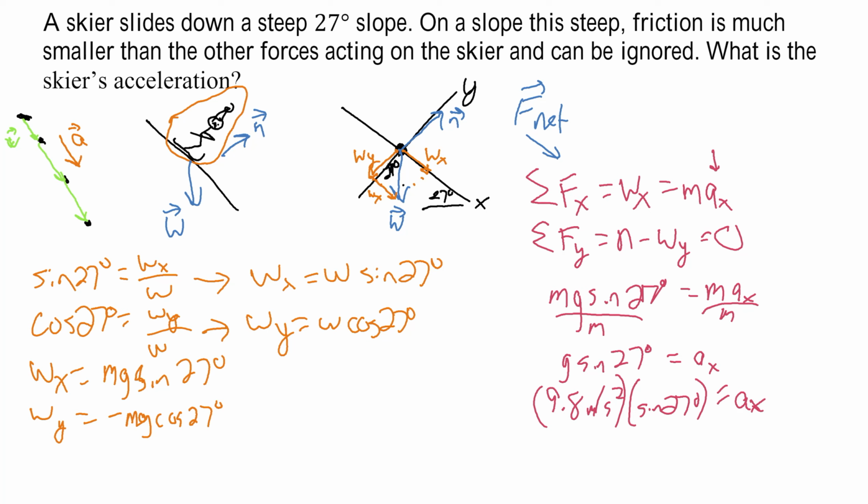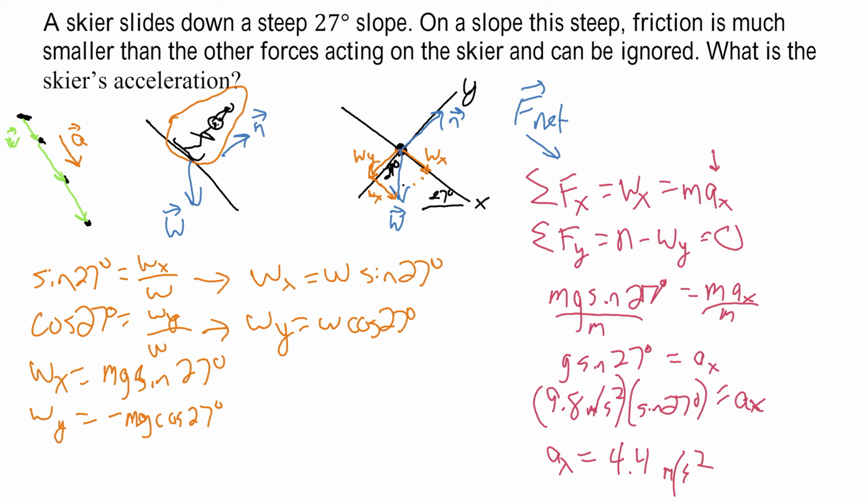What do we get? You said it was 4.44, so that's 4.4, because we only have two significant figures for that 27 degrees. 4.4 meters per second squared.